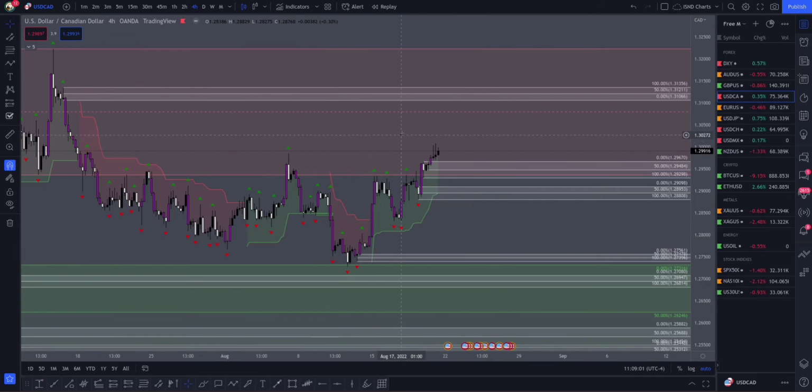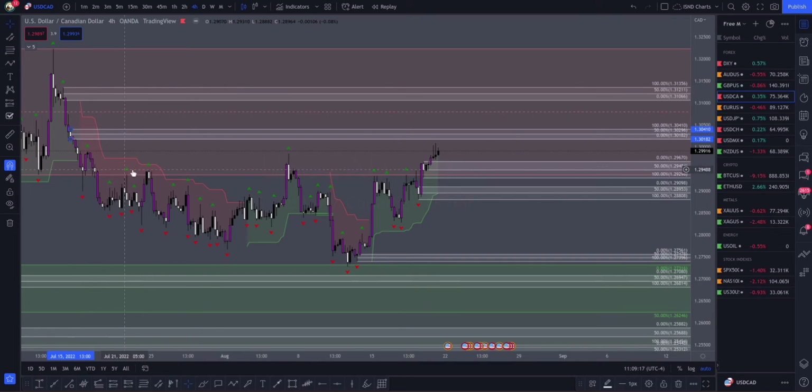The nearest 4-hour unmitigated supply is going to be here. We do have a little bit of a transitional zone right here that I did not mark. It's very possible that this pair could tap into this transitional zone and then push down to the downside.